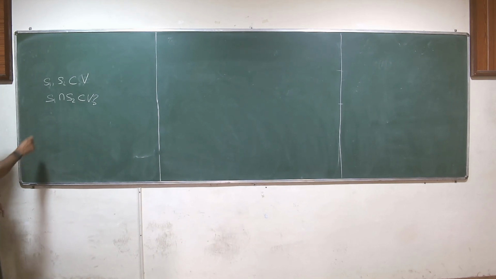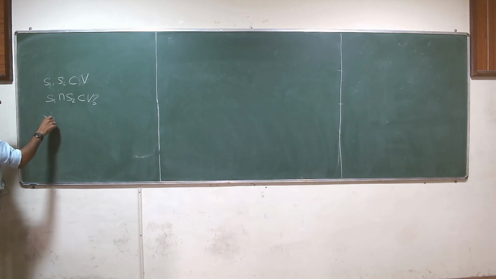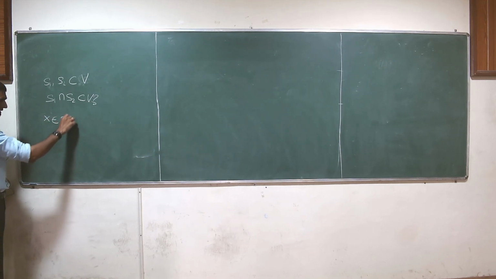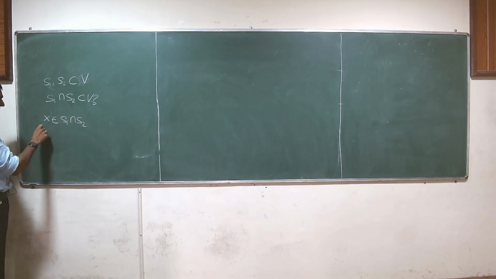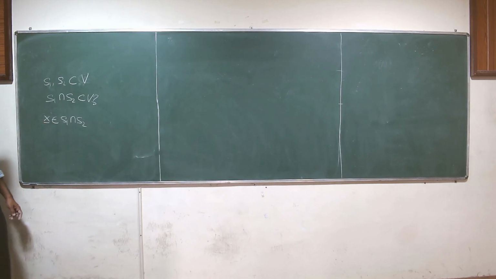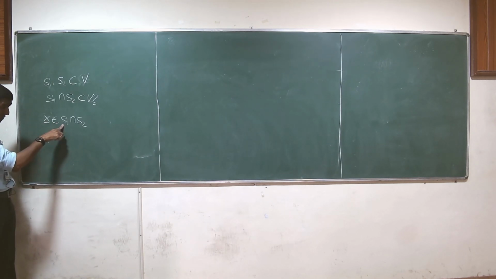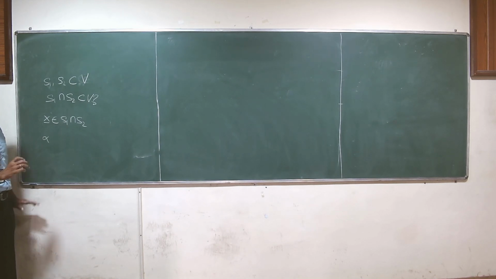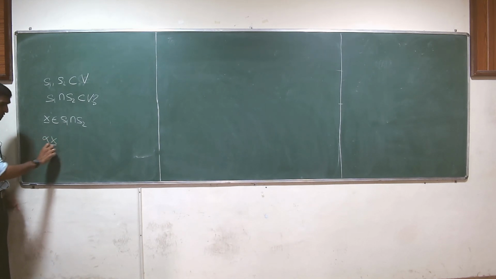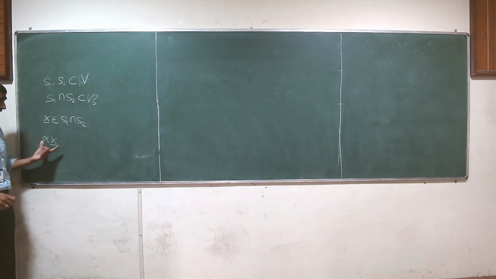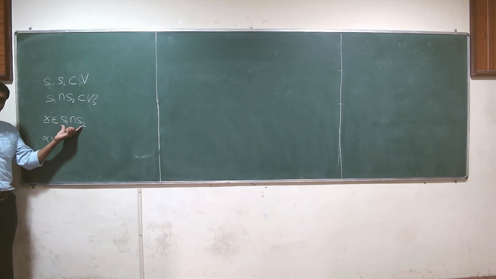This we know, right? Now, if you take an element X that belongs to S1 intersection S2, this means X is both in S1 and S2. If I do scalar multiplication of X, we want to know if that belongs to this intersection.